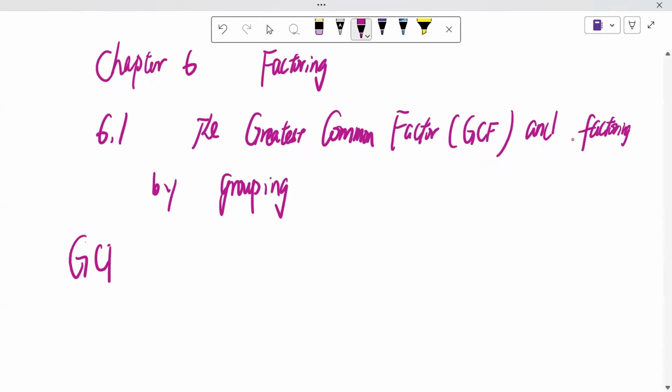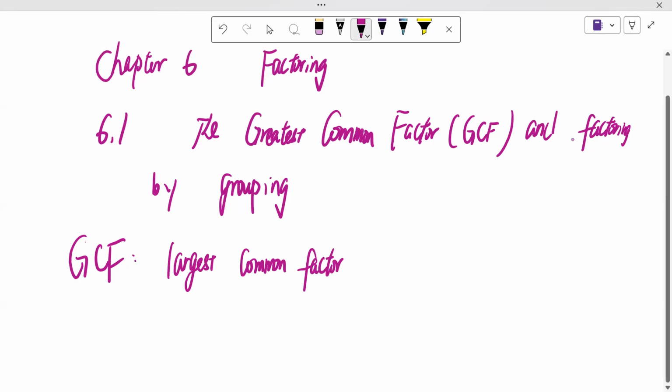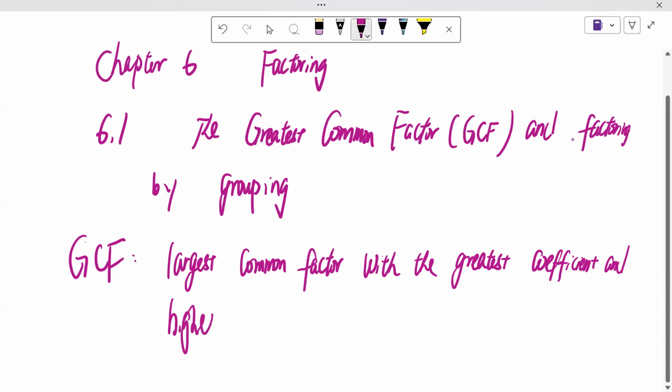GCF, greatest common factor, is the largest common factor with the greatest coefficient and the highest power of the variable.